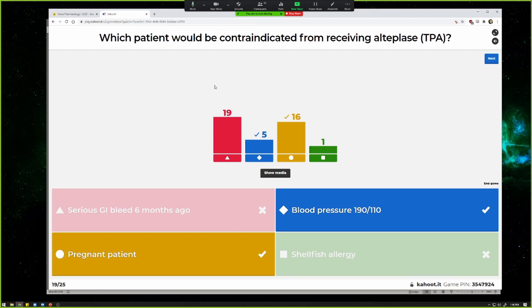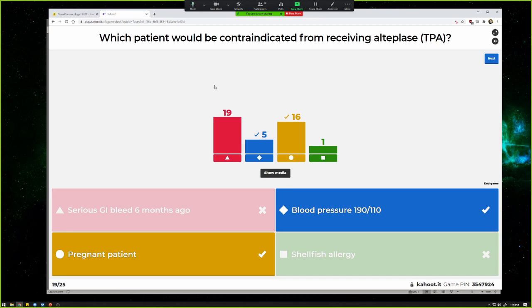Now, the serious GI bleed, again, some of these are a little bit more specific. For instance, with the serious GI bleed, that was actually within 3 months, right? But on the other hand, if it was something like a cerebrovascular accident or intracranial growth, then that's really at any point. So some of them are a little bit more time specific. The only reason I'm focusing on it now is because I want you to be able to think about these things.